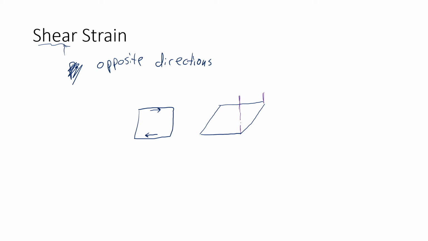This distance here, this is going to be your change in L. So there's your delta L. And your original L is going to be this distance here. It's perpendicular to each other, all right? So the delta L and the L are perpendicular.